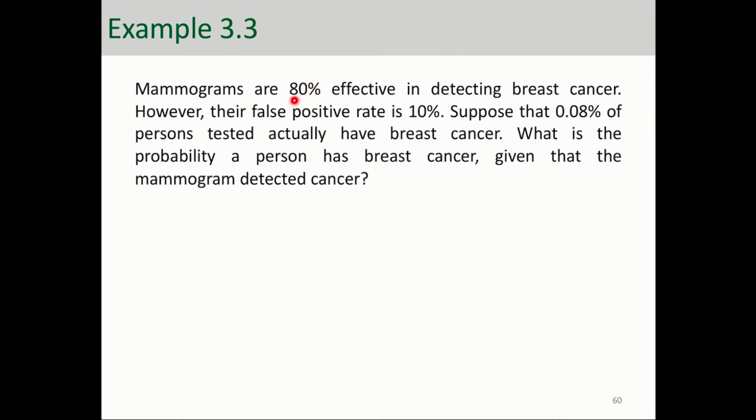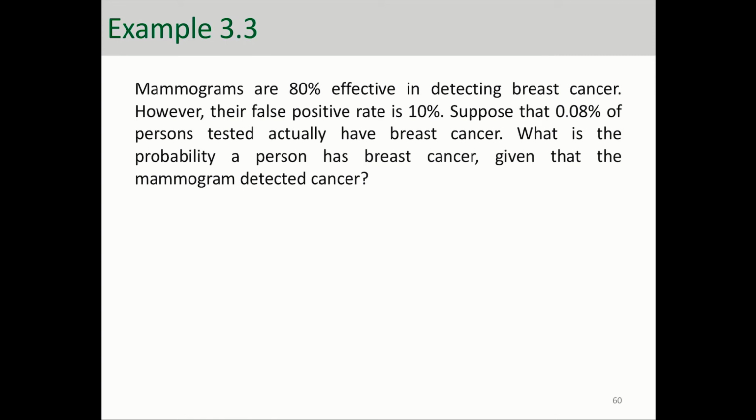Here it says 80% effective. Mammograms are 80% effective in detecting breast cancer. So when they say effective, this is not super clear, but when mammograms are effective, that means when cancer exists, they are able to detect them, and that's 80%.